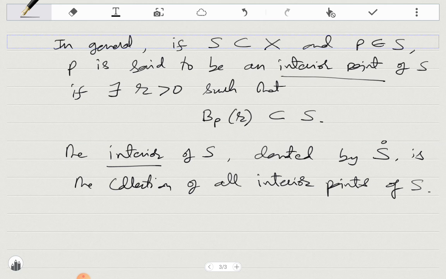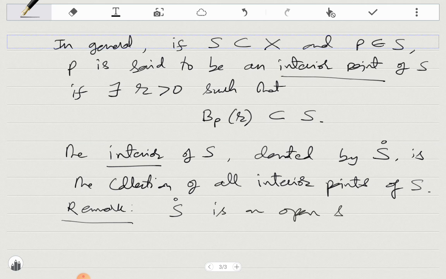Let me add as a remark: even if the set is not open, if I look at this set of all interior points, S interior is an open set.